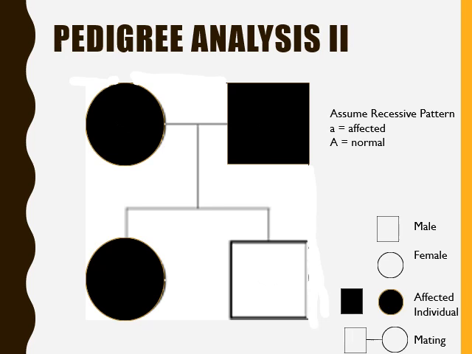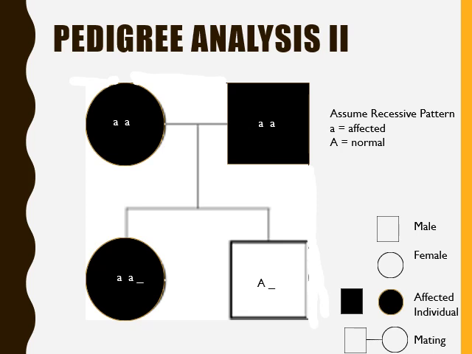Let's go on to look at this as if it was an autosomal recessive pattern. If it's autosomal recessive, that means that little a is going to be affected. The only way the parents can have this condition is if they have 2 little a alleles. They're homozygous recessive. Same with that first daughter. The son, though, is going to suddenly have a dominant allele.